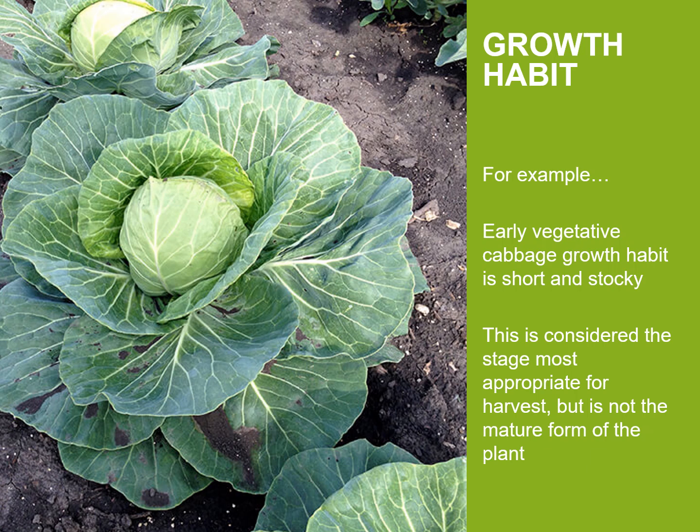The leaves radiate out from the central stem, but the plant doesn't really grow very tall. It's probably only about a foot or so off the ground, and the harvestable part of the plant is the cabbage head in the middle of this rosette of leaves.